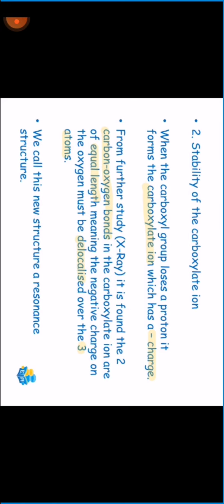So here we see the term delocalized, where we've met it already with our benzene. So this delocalization allowed for a new structure called a resonance structure to be formed. And here we can see the negative charge is on this oxygen on the left-hand side, and it's on this oxygen on the right-hand side.